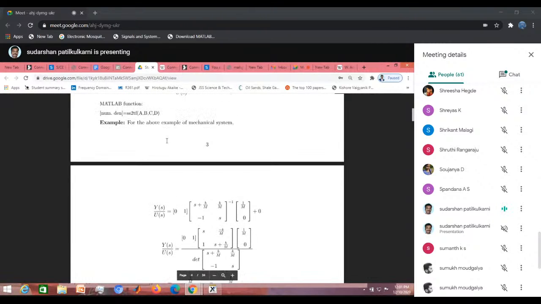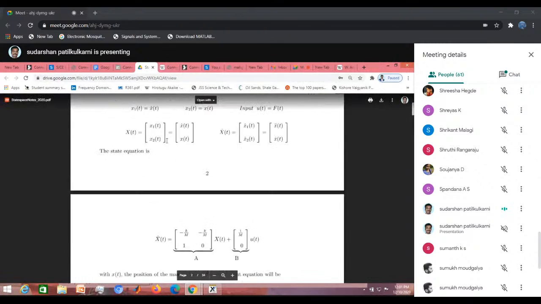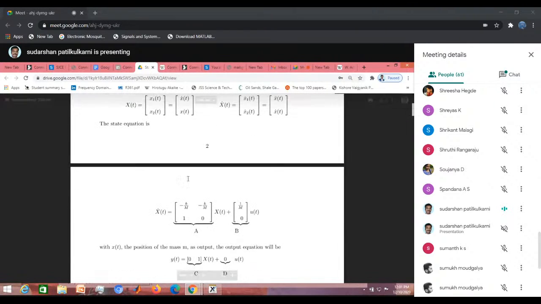So what is the A matrix? The A matrix was minus B by M, minus K by M, 1, 0.